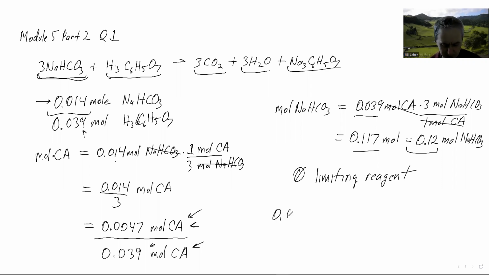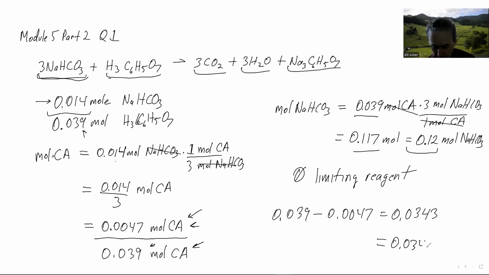So it's 0.039 minus 0.0047, which is going to be equal to 0.0343, which we're going to round back to 0.034 moles. Right?